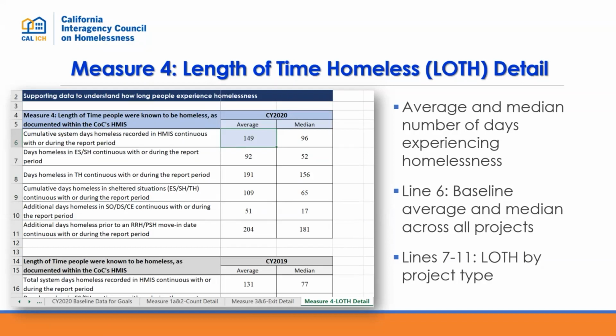These are days between the project enrollment and before a housing move-in date. Note that any overlapping days in different projects or project types are unduplicated in the reported numbers. These project type breakouts can help you determine which parts of the system are contributing the most toward length of time homeless in Measure 4.